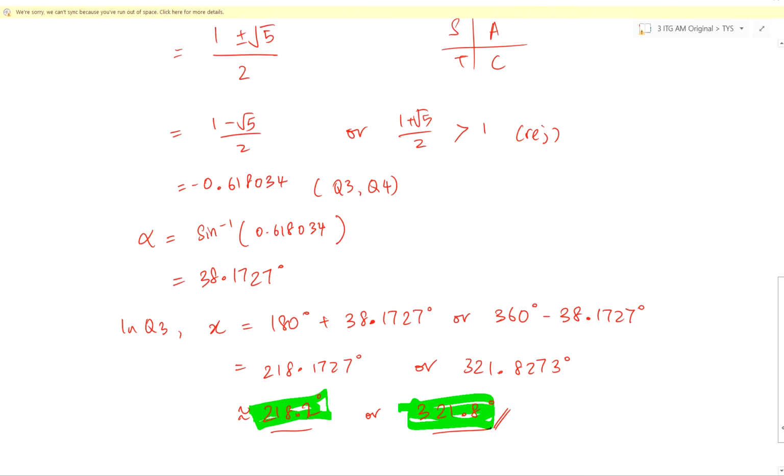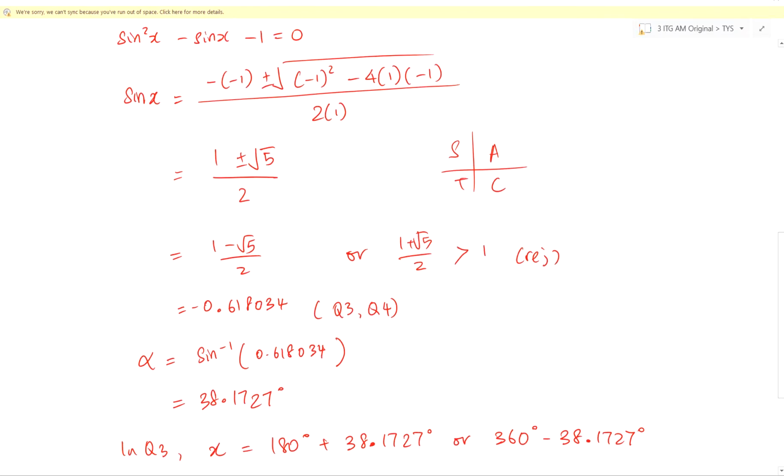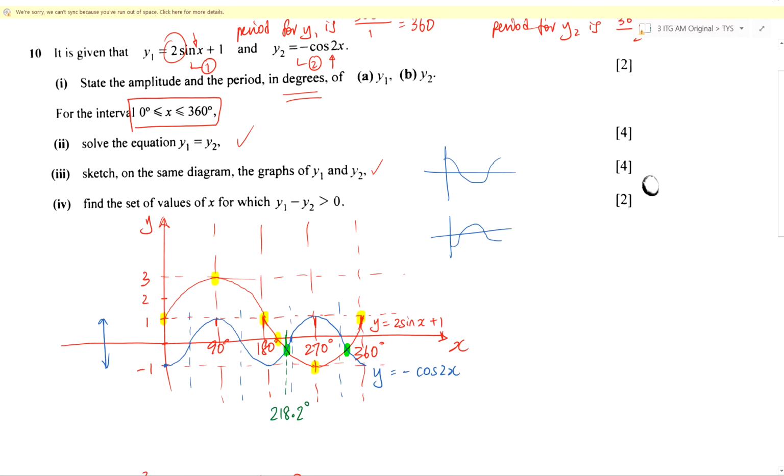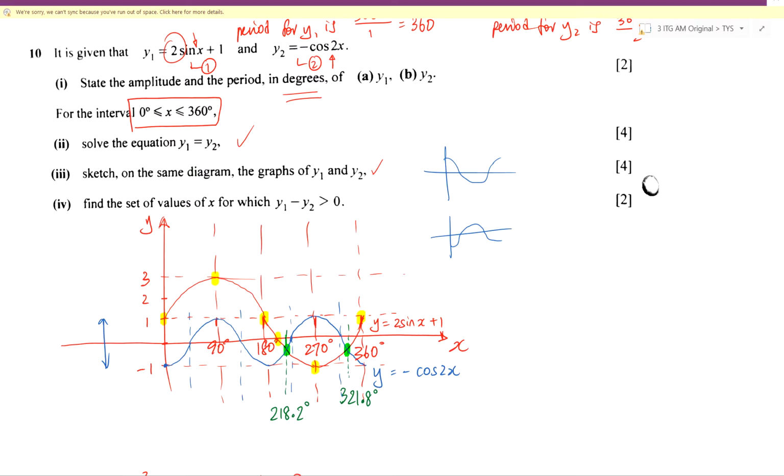The other value, 321.8. So this is the next intersection point, 321.8 degrees, which makes sense. So now the final part 4. Find the set of values for which y1 minus y2 is greater than 0.